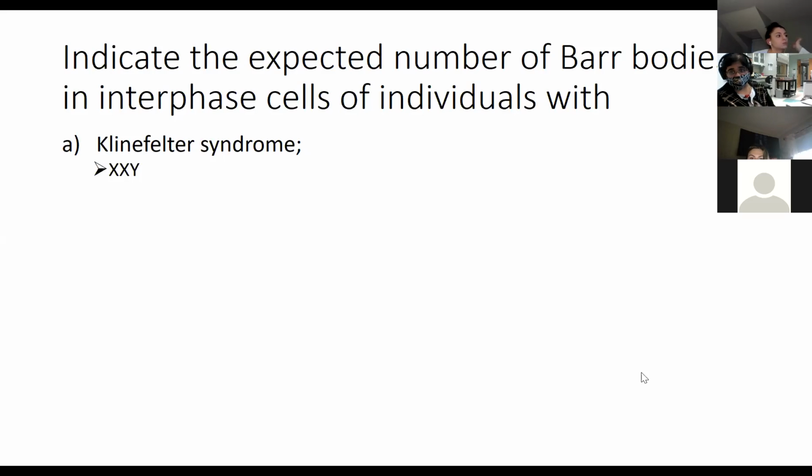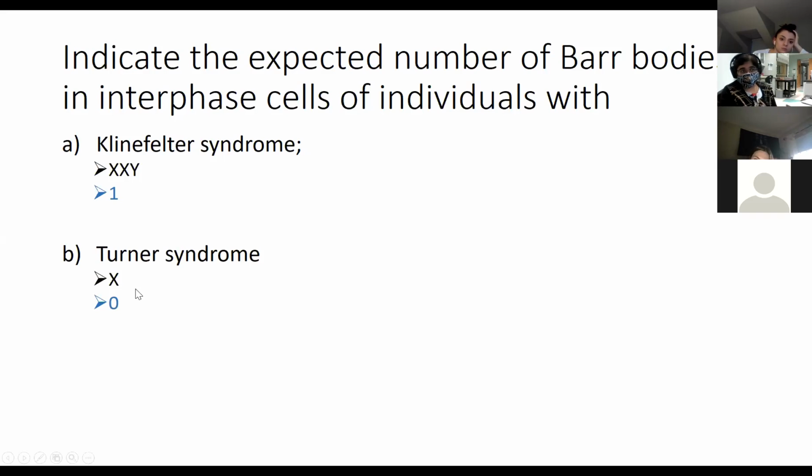So bar bodies are inactive X chromosomes. Is it one? Yes. Does that make sense? What about this guy? This is 0, because if you have one X, that X remains active. So if you have X and Y, neither of them will be bar bodies.